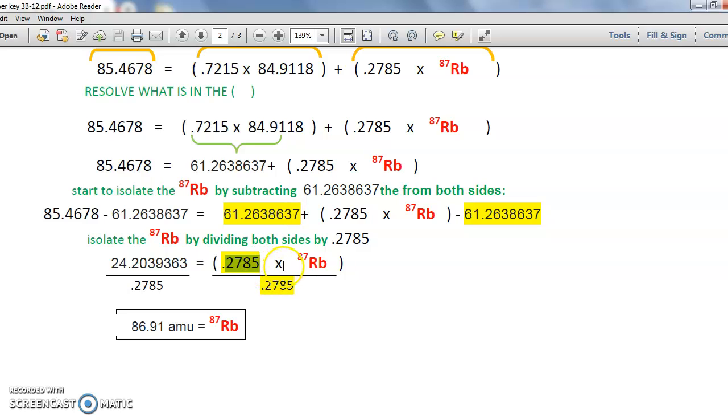Well, if you are multiplying, we can undo that by dividing 0.2785 from both sides. That 0.2785 will cancel out with that 0.2785. 24.2039363 divided by 0.2785 is our answer for the problem. 86.91 is the mass of the rubidium-87 isotope atom.